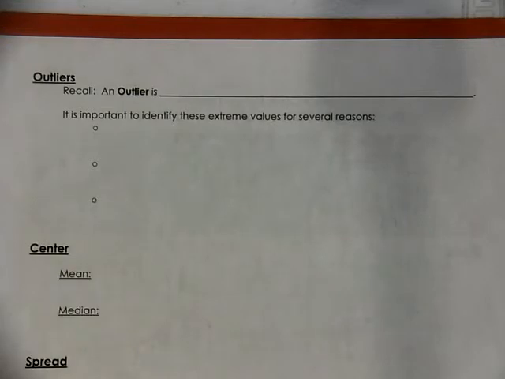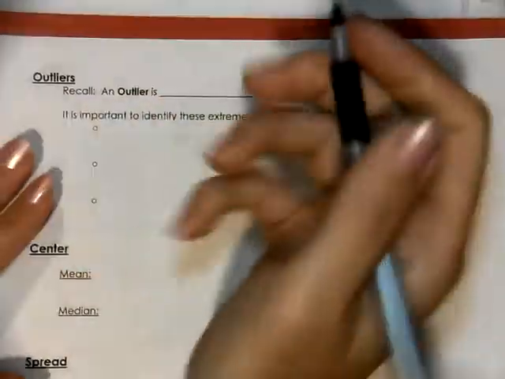Recall, an outlier is a value that does not fall in a pattern with the rest of the data.